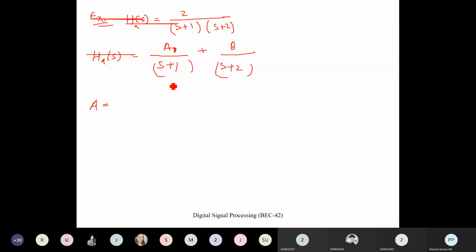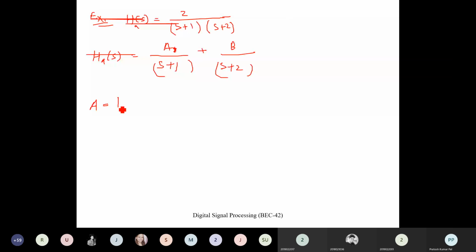We will multiply the complete H(s) by the s plus 1 term, and we will be putting s equals to minus 1.